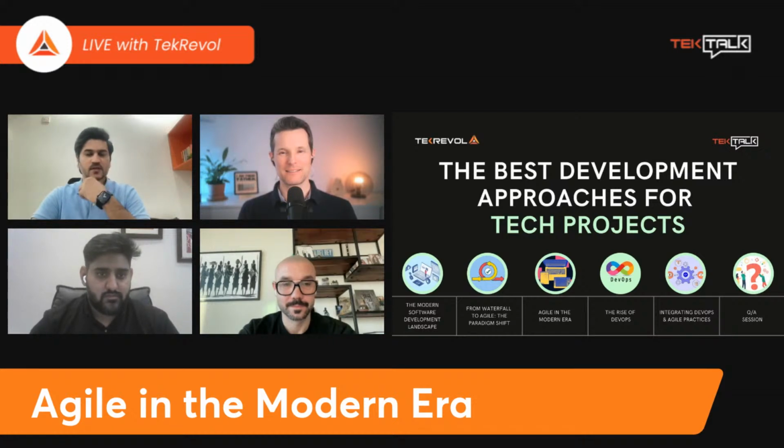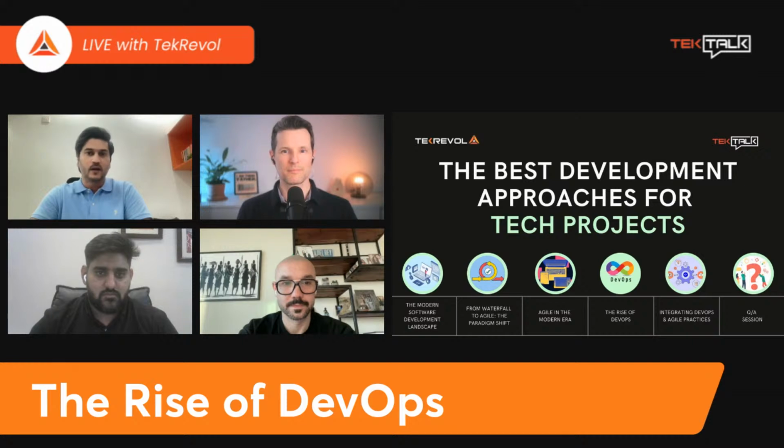So the next question and the next important key factor about another development methodology and approach that has taken a rise in the past couple of years is DevOps, and I call it the critical methodology which has changed the dynamics of software development and the way we used to develop software before.